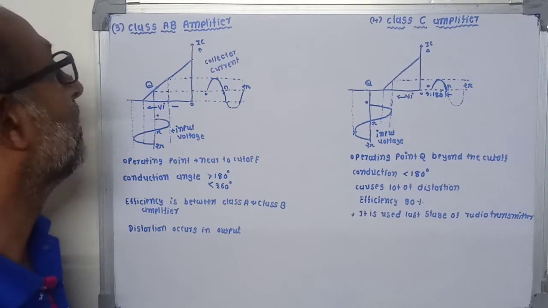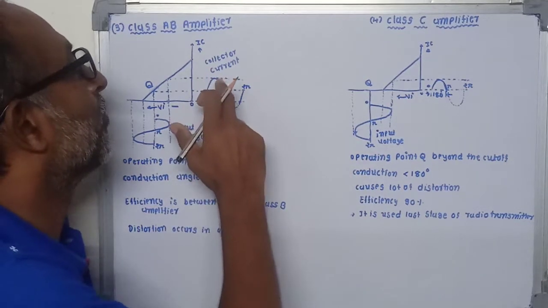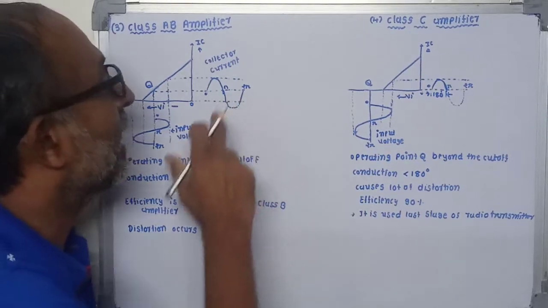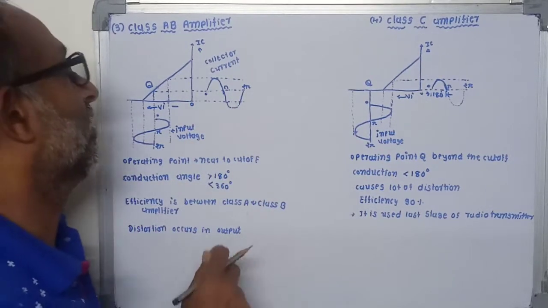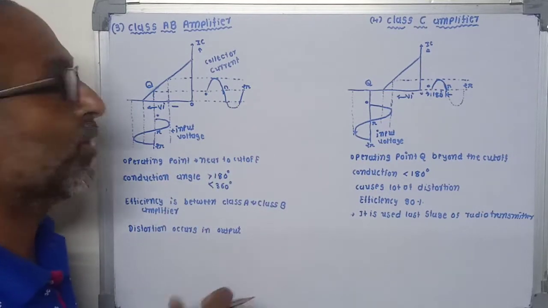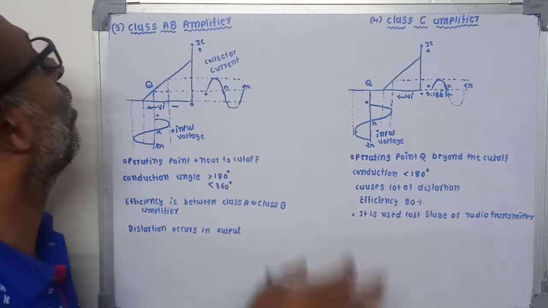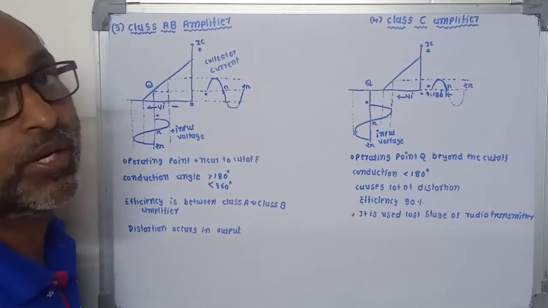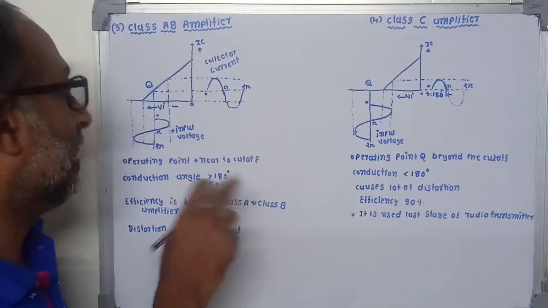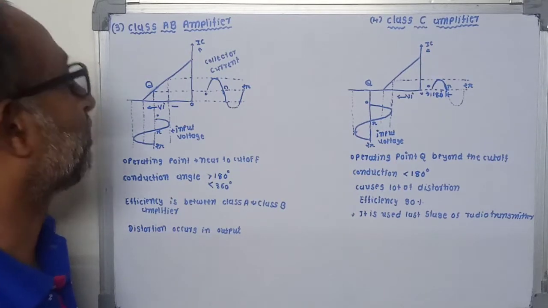You can say that the collector current flows during the positive half cycle and there is clipping in the negative half cycle. The efficiency of this amplifier is between class A and class B amplifiers. There is some distortion in the output.